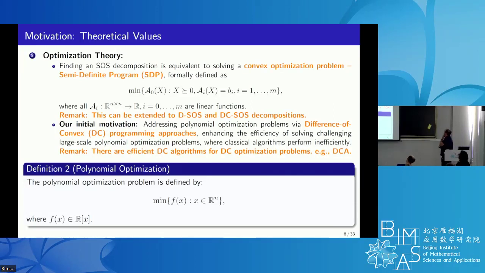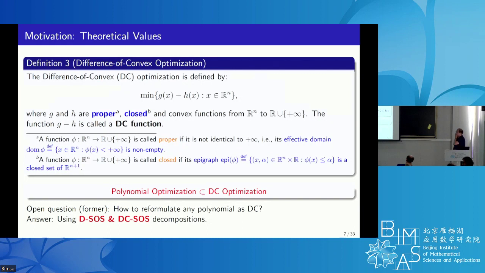So just a brief view about what polynomial optimization is: we are interested in minimizing a polynomial function f, a real polynomial with variable x in R^n. You can see that in fact it's equivalent to some kind of difference of convex optimization, that is to minimize the difference of two convex functions g and h, which are both convex functions and not supposed to be differentiable.